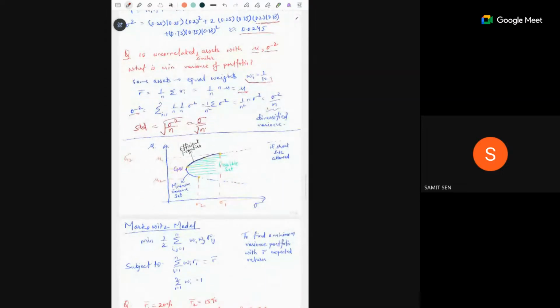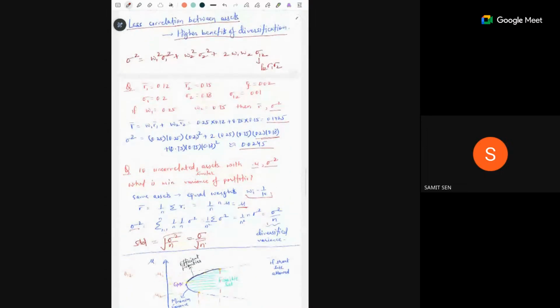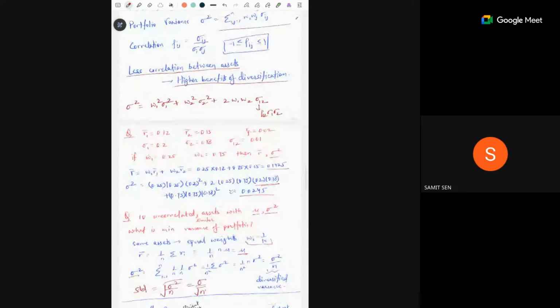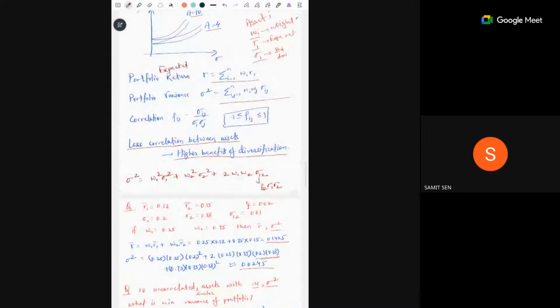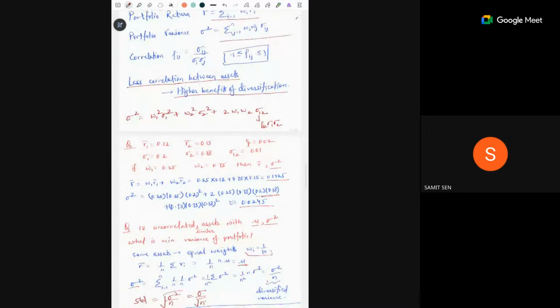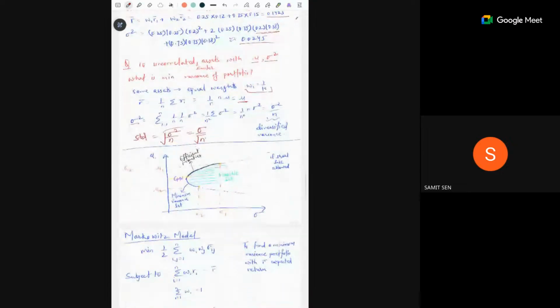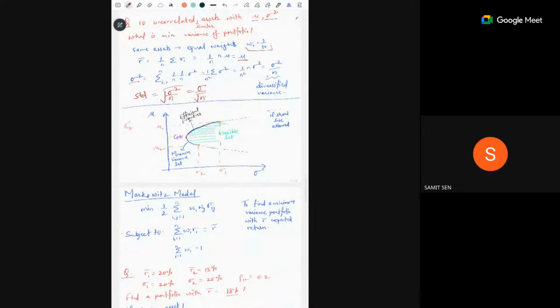Okay, so now we understood how to calculate the portfolio expected return and variance. If we are given two assets, asset 1 and asset 2, with mu1 and sigma 1 and mu2 and sigma 2, we can represent them in the mu and sigma plane, and from that we can get four different types of variables.